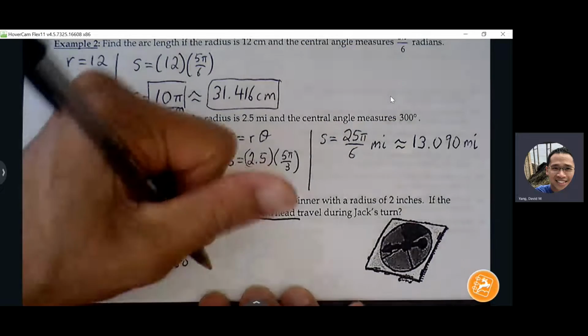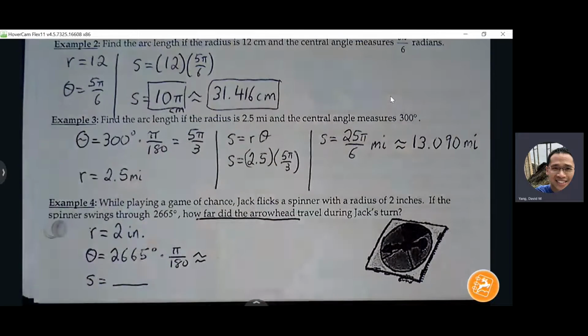So let's just get a decimal approximation of that theta in terms of radians, because we can't do the formula unless our theta is the proper form. So insert that into the calculator, and let's just do a decimal value to 3 decimal places. What do we get?